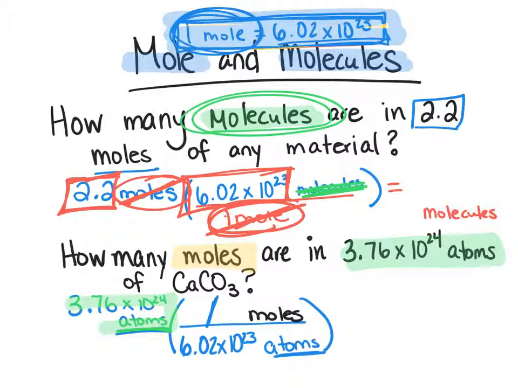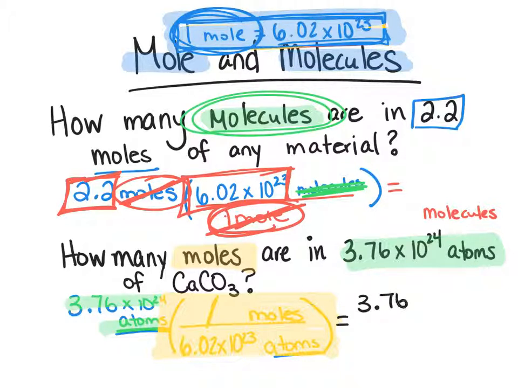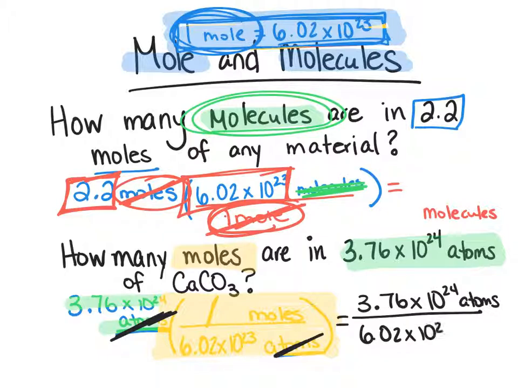If I look at this relationship right here, 1 over 6.02 times 10 to the 23rd, mathematically, what I'm doing is I'm taking my beginning number, 3.76, times 10 to the 24th atoms. My unit of atoms is canceling out, and I'm dividing it by 6.02 times 10 to the 23rd atoms.